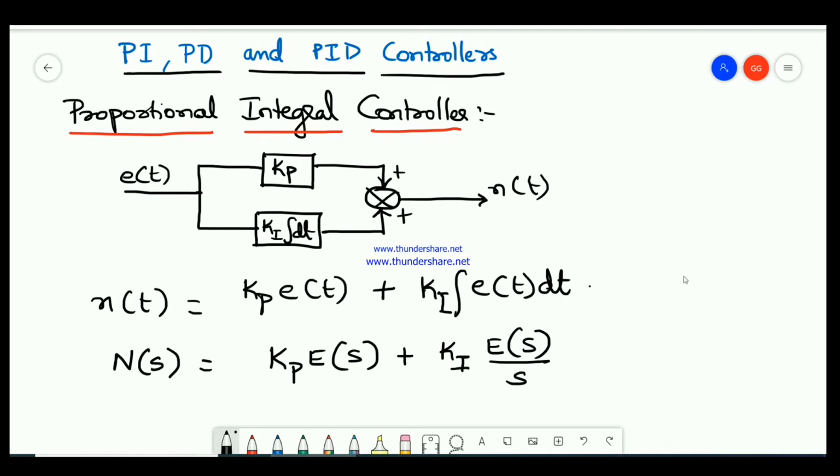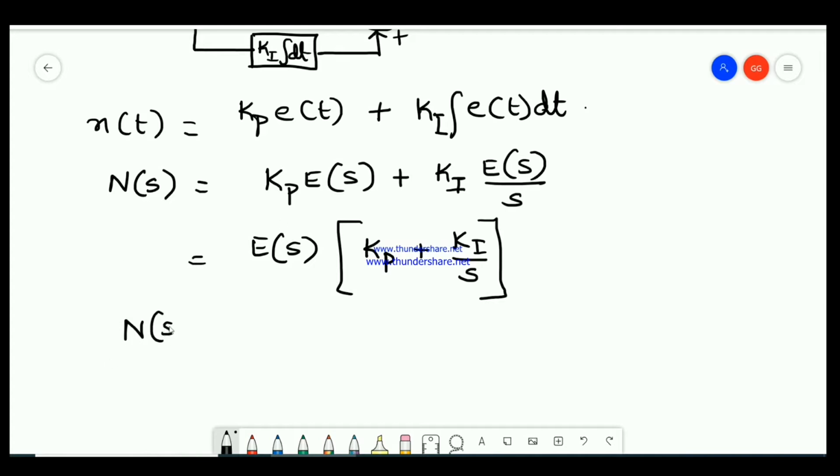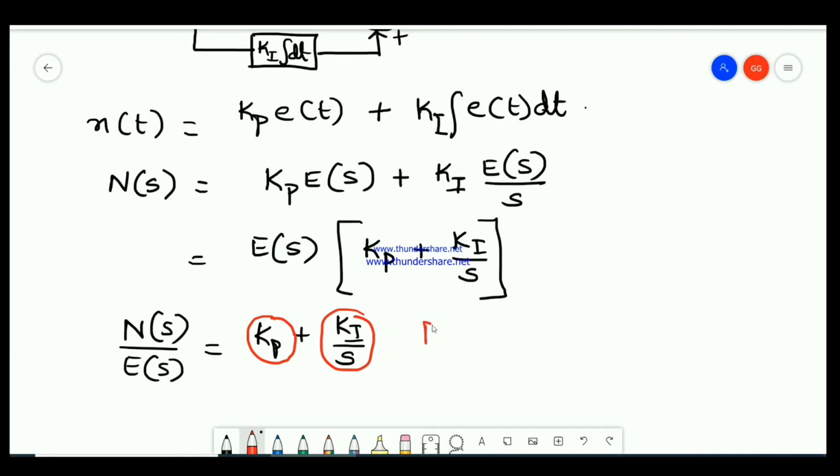Now you take E of s common in the left hand side, you will be getting Kp plus Ki by s. Therefore n of s by E of s would be equal to Kp plus Ki by s. So these are the two blocks, the two gains, which we add for the proportional integral controller.